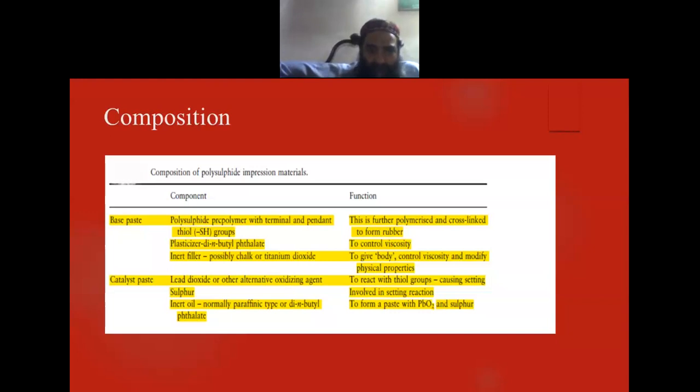So, composition of polysulfides. In the base paste, polysulfide prepolymer with terminal and pendant thiol groups. Now, what are the pendant and terminal thiol groups?